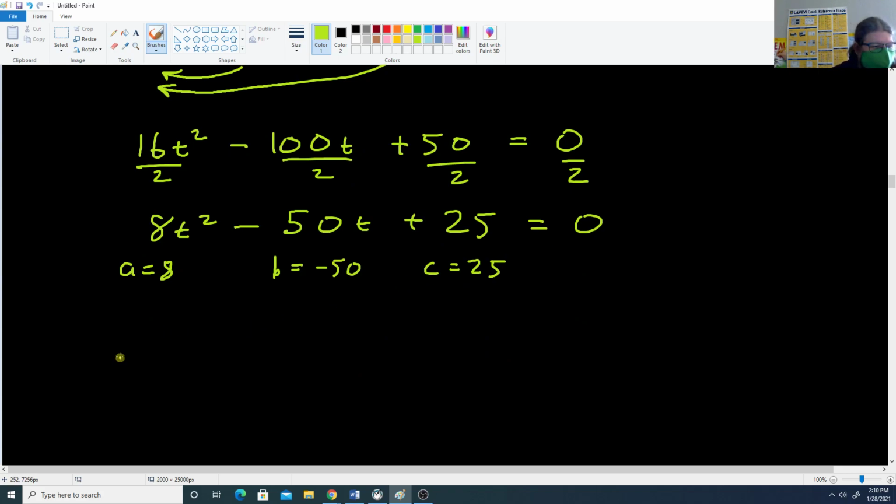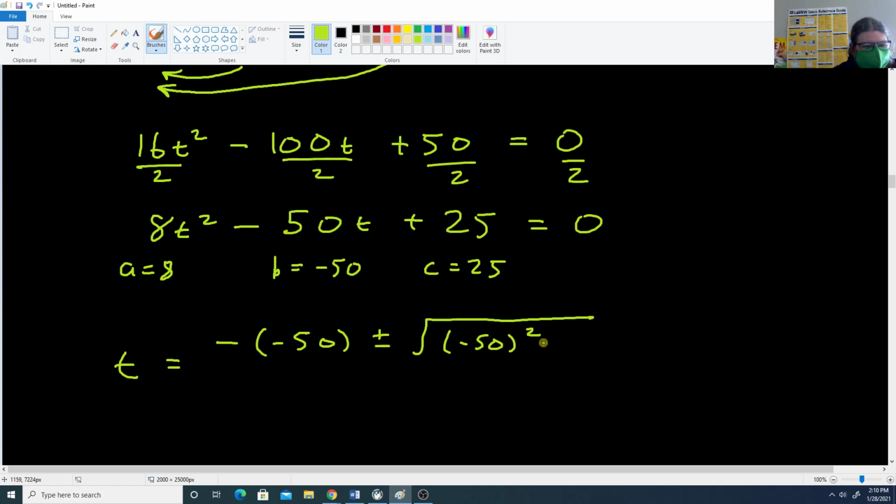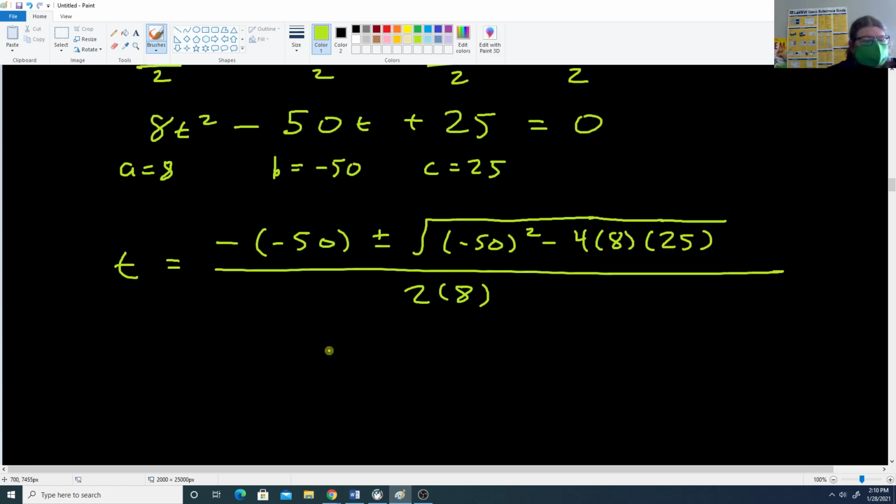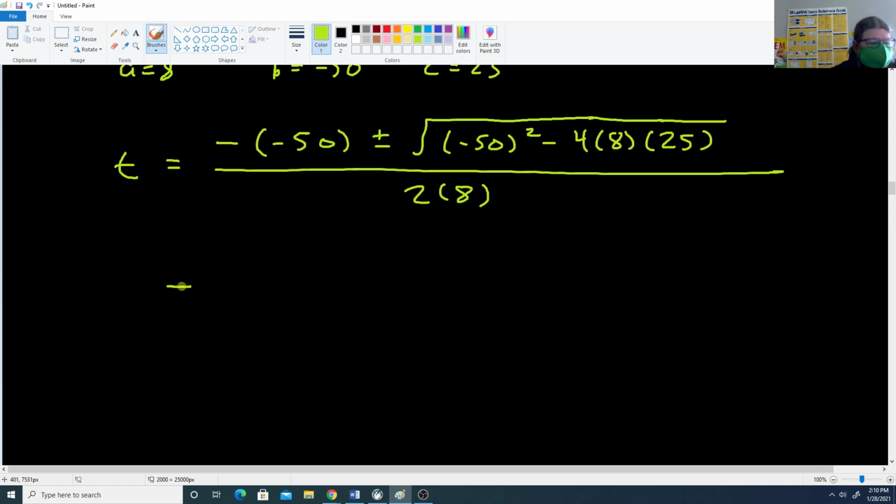So we'll get time equals negative b plus or minus the square root of b squared minus 4 times a, which is 8, times c, which is 25, all over 2 times a. Minus a negative 50 is positive 50.